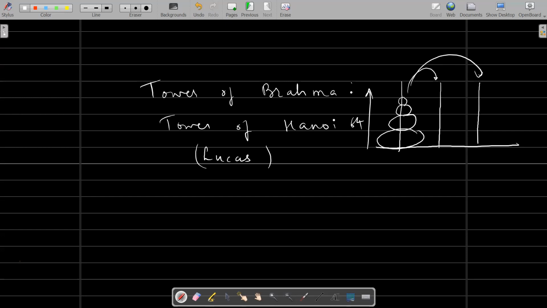The rule is never put a larger disc onto a smaller disc, and only one disc at a time.